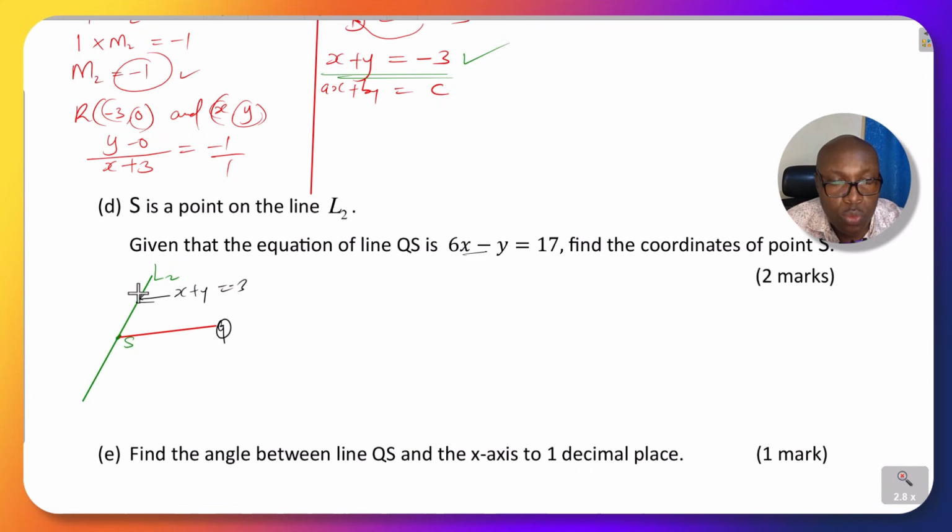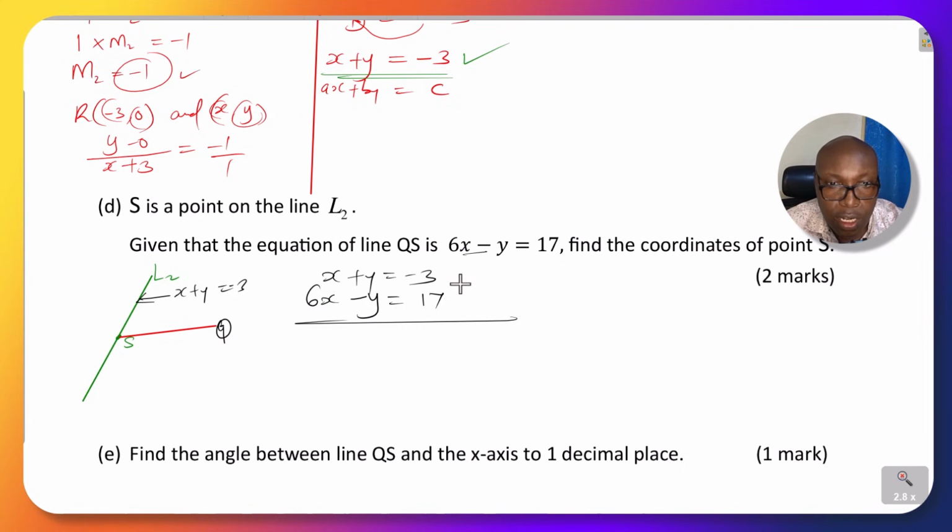If we solve the two equations simultaneously, it will give us the x coordinate and the y coordinate of the point of intersection. So we take x plus y is equal to -3, then 6x minus y is equal to 17, and solve the two equations simultaneously.